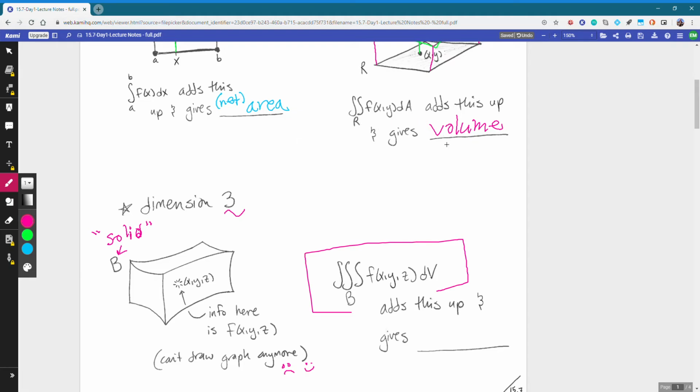Dimension 2, our double integrals gave us volume. Dimension 3, we're going to get the next dimension up. What do we call that? We just call it hypervolume for like 4-dimensional space. I'll write that in here. Gives hypervolume.